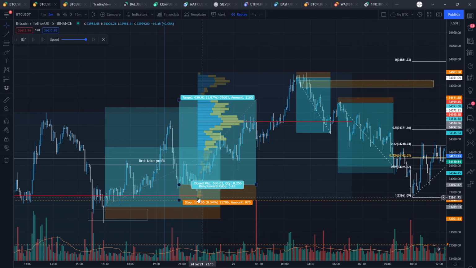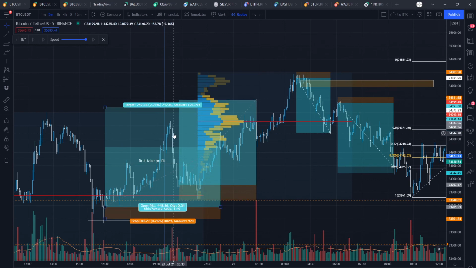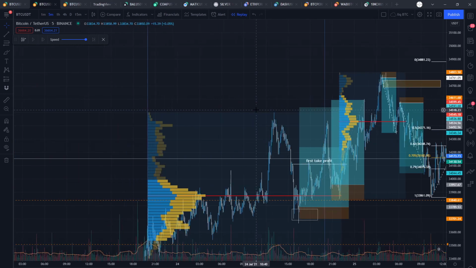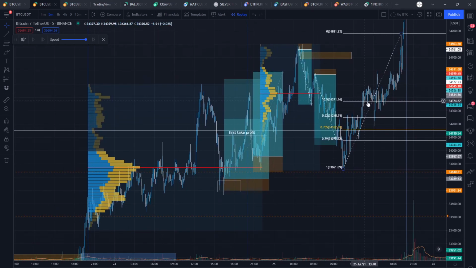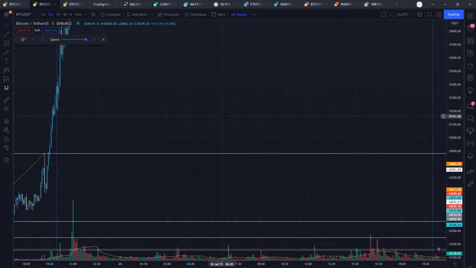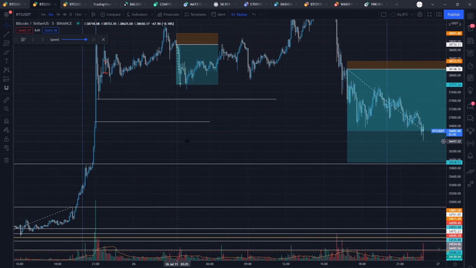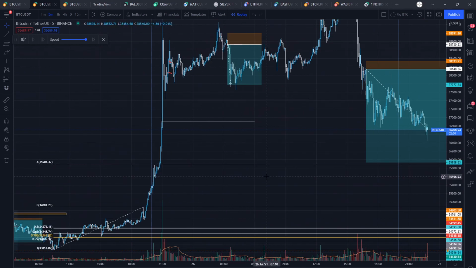Eventually, we went lower to take out some liquidity, but then again, we did trade back up and fill out these imbalances before taking out the previous day's high. And yeah, this week has been a great trading week, and I expect price to return to this level to fill out these imbalances.